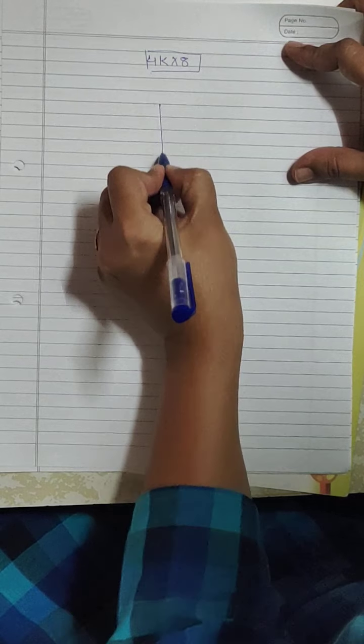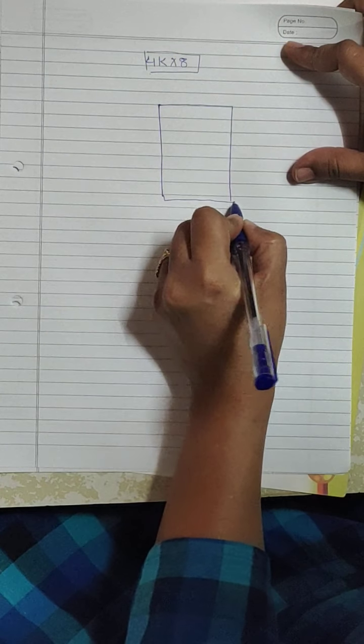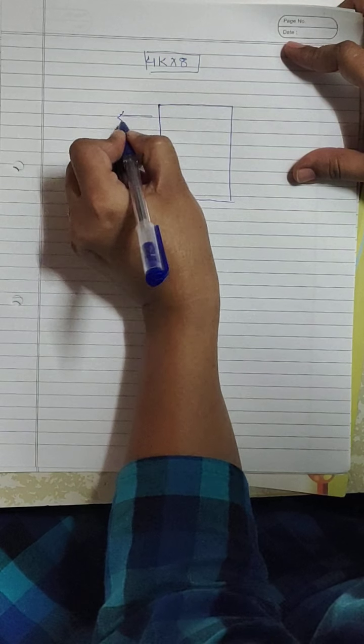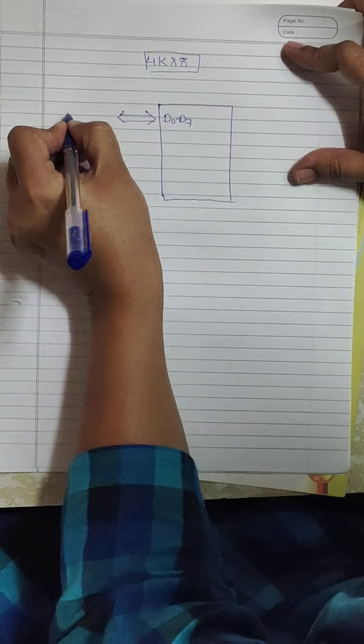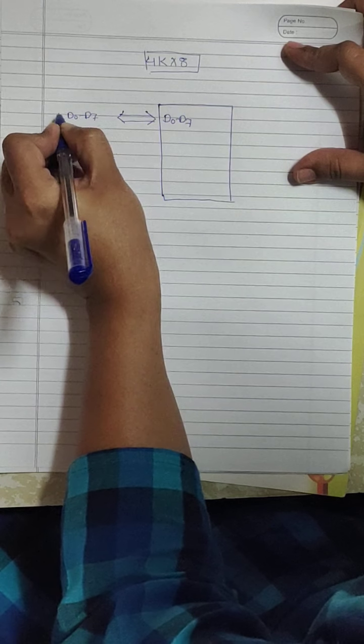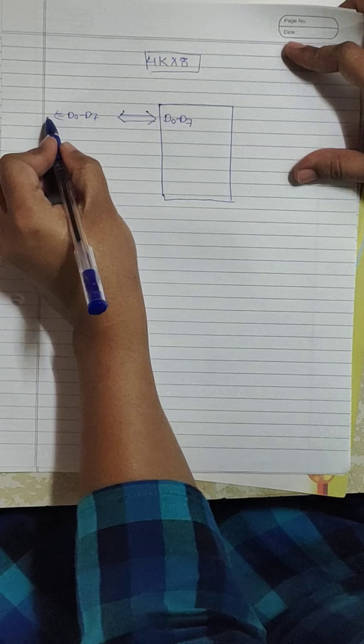We all know 4K x 8 means it must have 8 data pins, D0 to D7. These D0 to D7 must be connected to the data bus of the microcontroller.